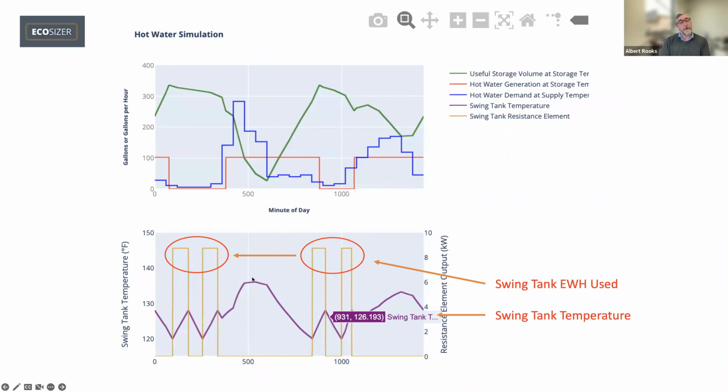And as soon as people start waking up and putting a demand on it, the blue line hikes up and gets quite high. And we see the corresponding volume tank temperature drop. And then when the demand goes away, that's when we see the green line start hiking up again. And then there's that low period of demand. And that low period of demand is what allows the heat pumps to recover that primary storage.